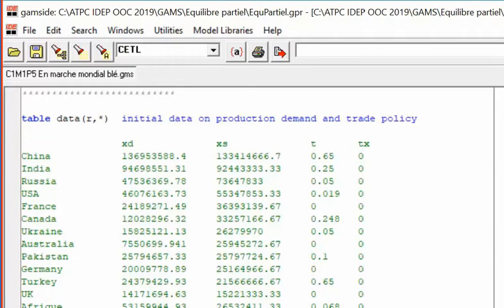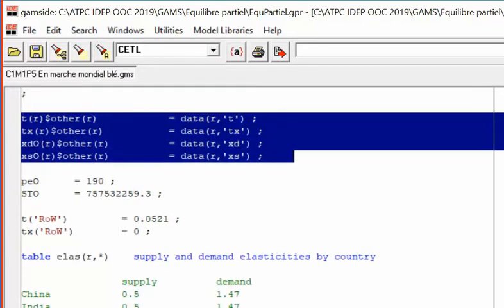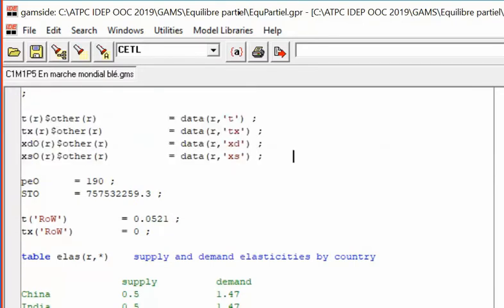After this table, with data on consumption, supply, import duties and export taxes for all regions and countries in R except ROW, I can give values to import tax, export tax, initial consumption and initial supply for all the countries which are in the subset other, meaning that I give values for all the countries except ROW.